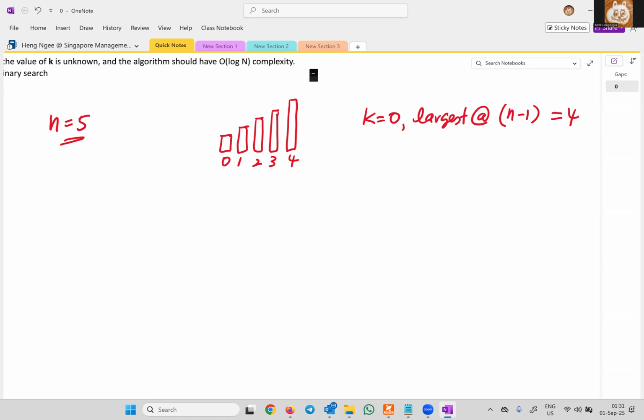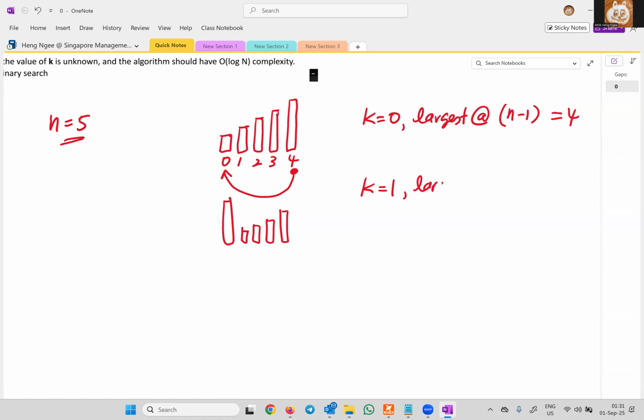Now, however, if k is equivalent to 1, I have a shift. This element now jumps to position 0, and the array becomes like that. The element at position 4 jumps to position 0.